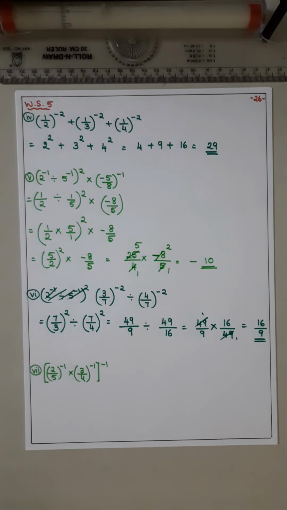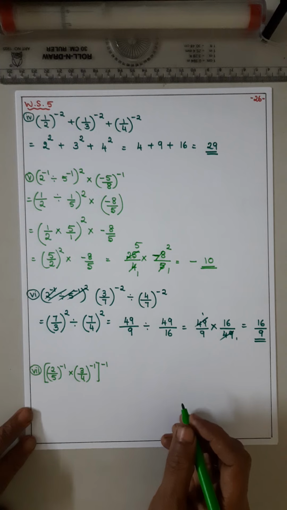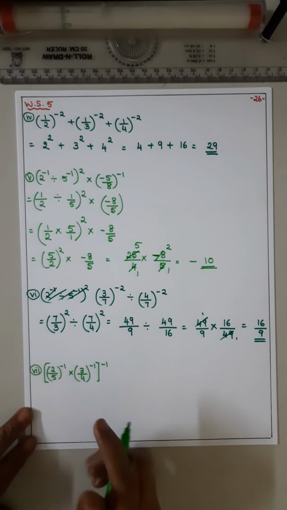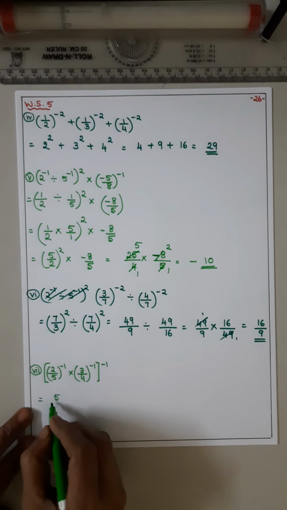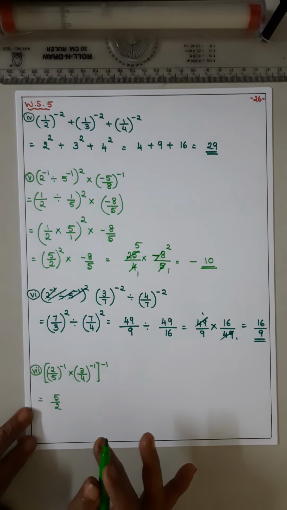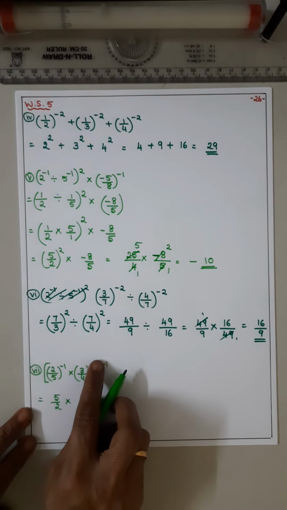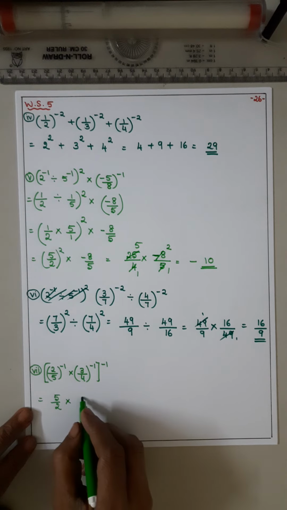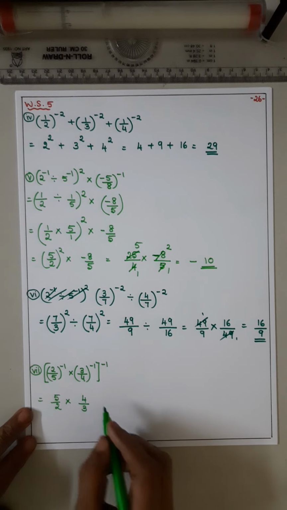Okay, now coming to the seventh sum, 2/5 the whole raised to -1. So this becomes 5/2 the whole raised to 1 is 1. Okay, into 3/4 the whole raised to -1 becomes 4/3 है ना. और 1 तो नहीं लिखेंगे हम.